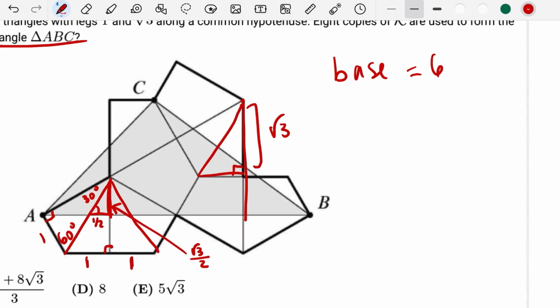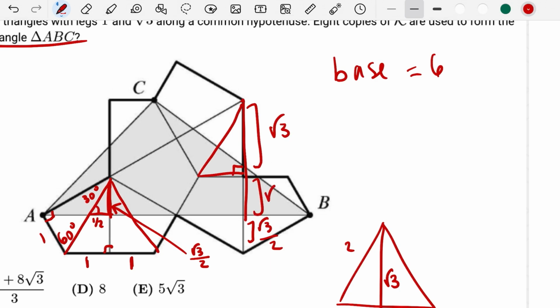Okay, so basically that's like saying this length here is square root 3 divided by 2. And we know the entire height here is the height of an equilateral triangle with base 2, and we can just calculate that. It should be square root 3. So this length here is going to be square root 3 minus square root 3 over 2, which is equal to square root 3 over 2.